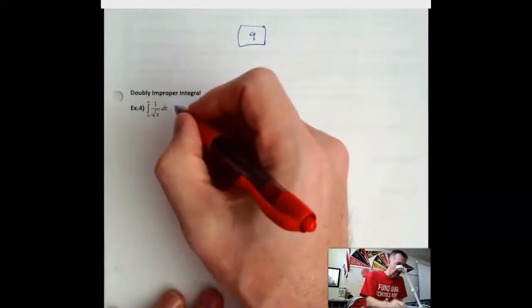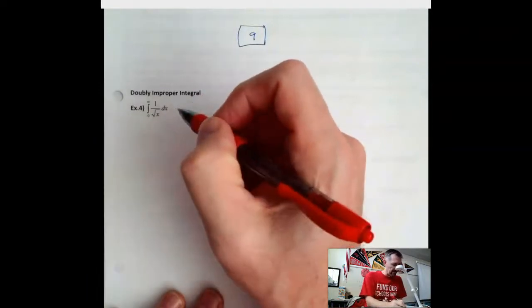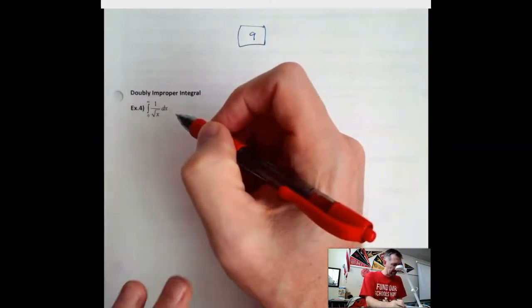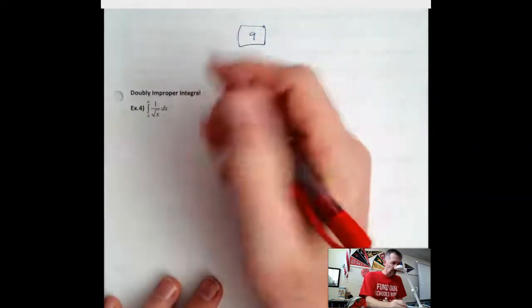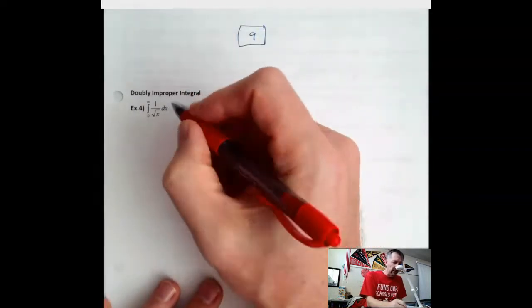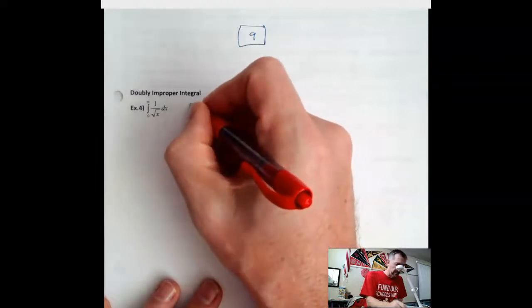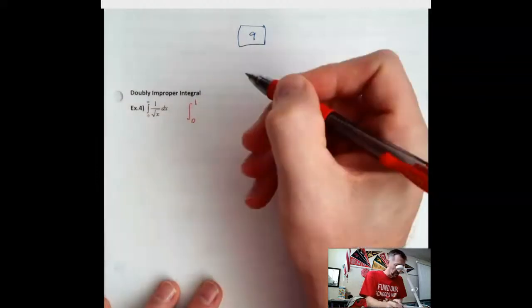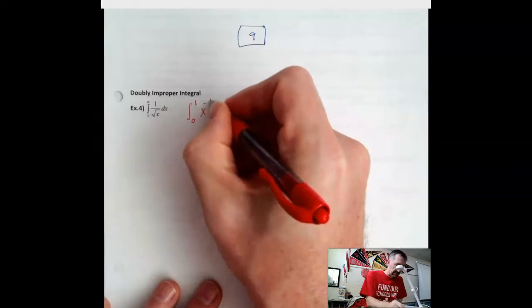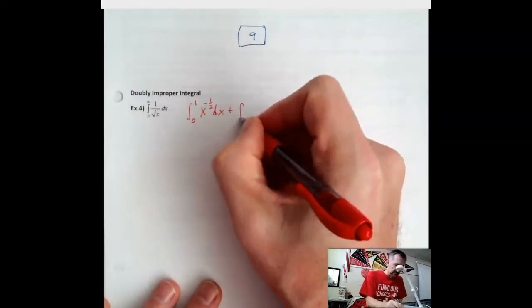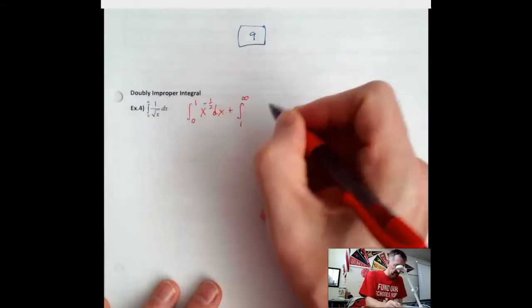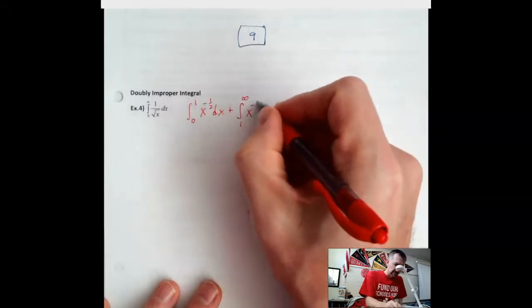So first of all, we could split it up anywhere, so I'm just going to use 1. So 0 to 1 of x to the -1/2 dx plus 1 to infinity of this same thing.